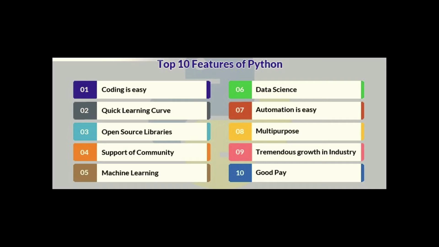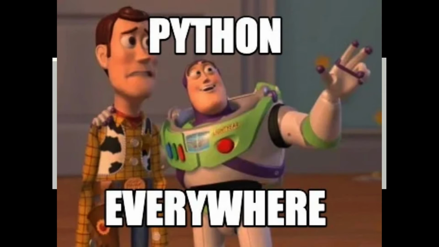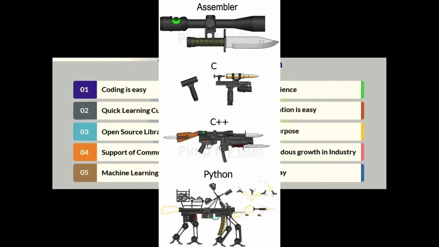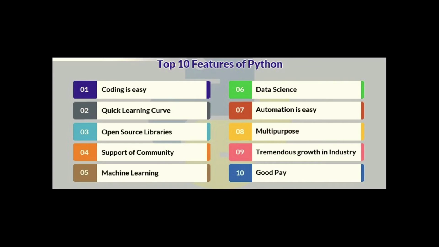Eighth is multi-purpose. Python is used almost everywhere, in almost every field. Whether it's machine learning, computer science, artificial intelligence, coding, web development, you name it, Python is present for that. Ninth is tremendous growth in the industry. If you are using Python, you have lots of scope, and hence its growth is tremendous.